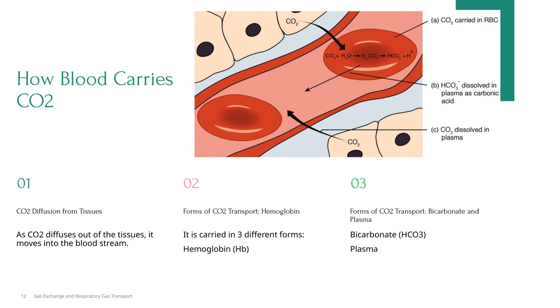So, in summary, CO2 is transported mainly in three ways: bound to hemoglobin, as bicarbonate ions in plasma, and in a small amount dissolved directly in the plasma. Understanding these forms helps us see how efficiently our respiratory system manages gas exchange and maintains homeostasis.